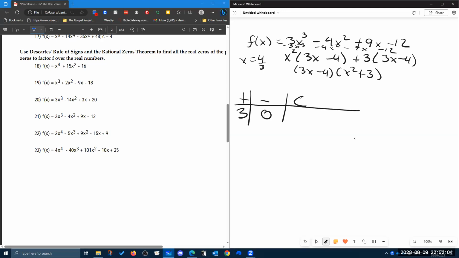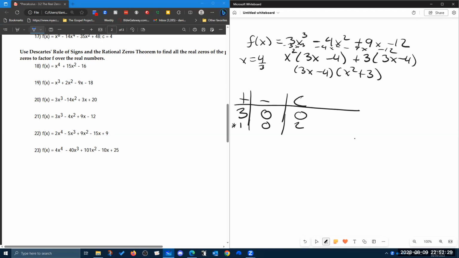There's 0 sign changes there, so there's no negatives. We also have 1, 0, 2 as an option. This is actually the option that I have because I have 2 complex answers that I can see there from the sum of squares there. And so I'm going to have at least 1 positive answer.